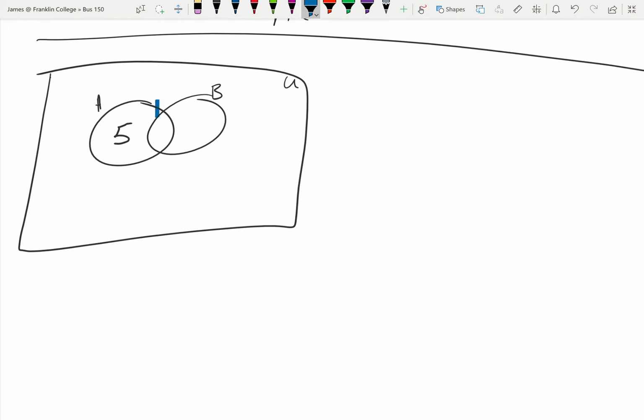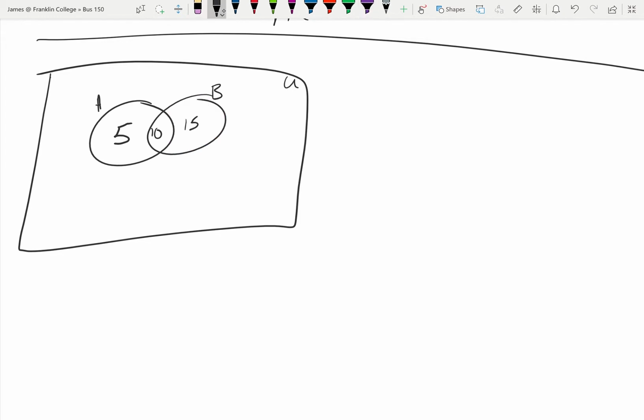So when I say 5 elements there, I'm saying there's 5 elements in this little crescent moon shape area, so all parts of A that's not the intersection. And then let's say we have 10 elements in that intersection region. And we have 15 elements in the part of B such that it's not part of the intersection.